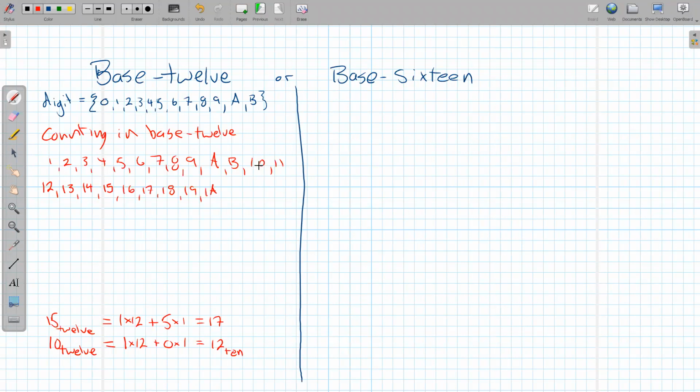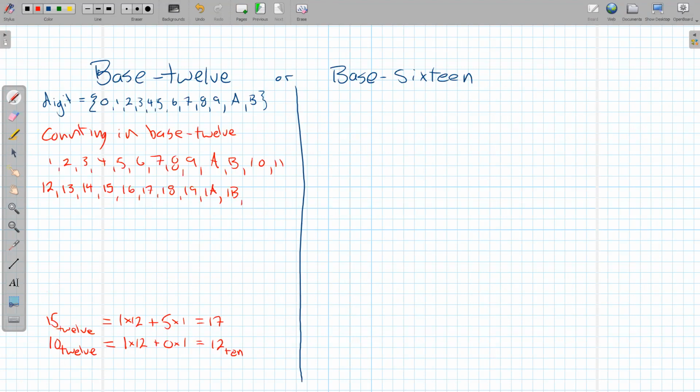That would be 10, 11, 12, 13, 14, 15, 16, 17, 18, 19, 20, 21, 22. Oh, I miscounted somehow. Okay, 1A should be 22. 1B should be 23. Oh my. What's next?